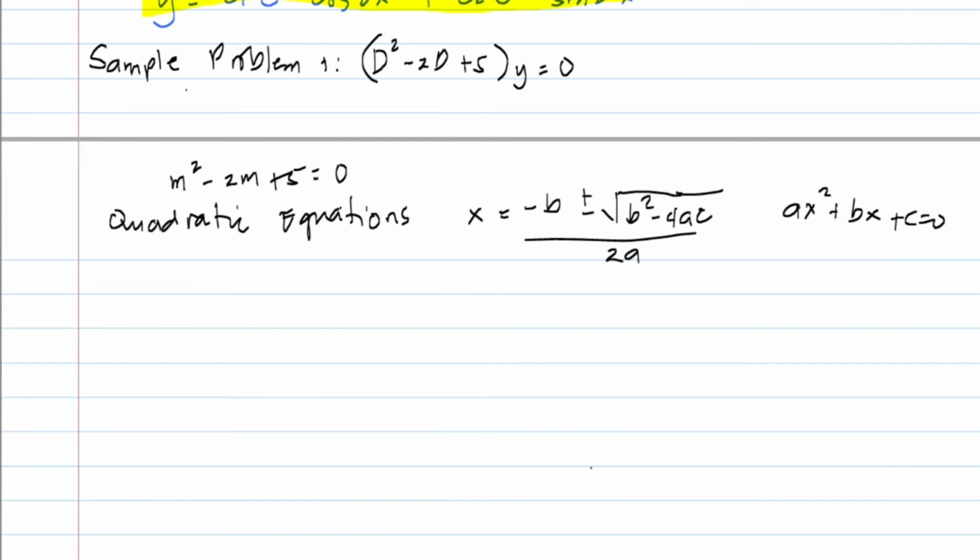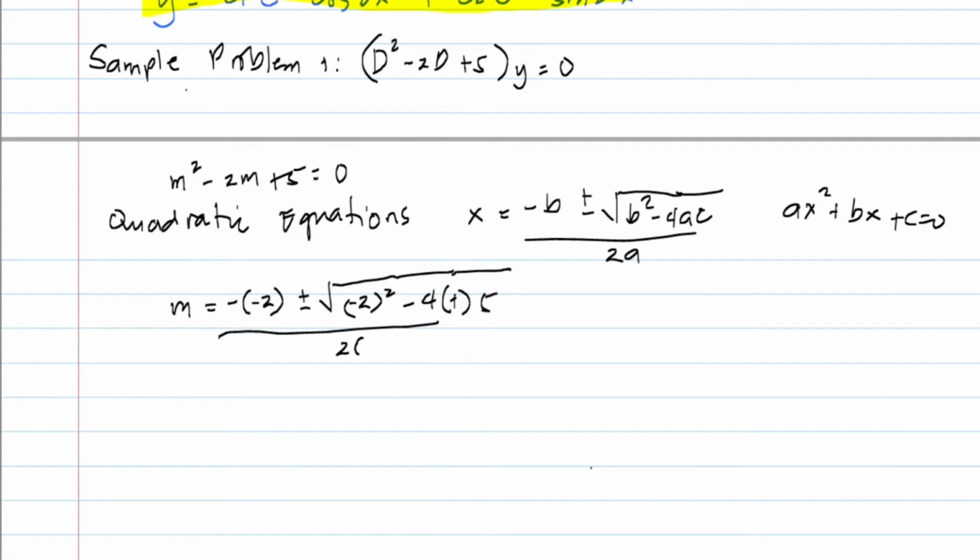So in our case, m equals negative of negative 2, kasi negative 2 yung b natin, plus minus square root of negative 2 squared minus 4 times 1, ano yung c natin? 5, over 2 times 1.